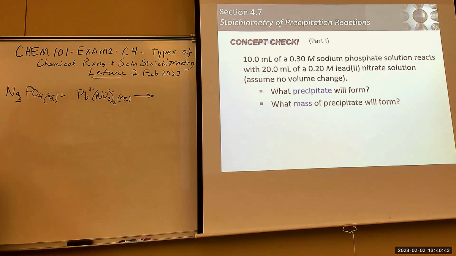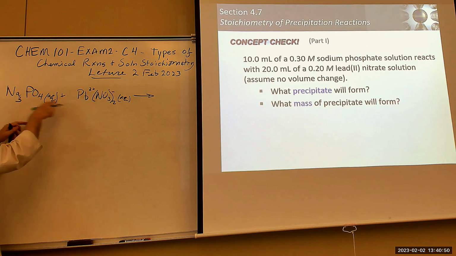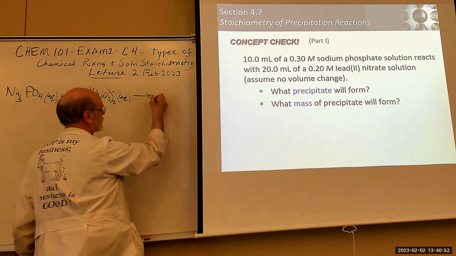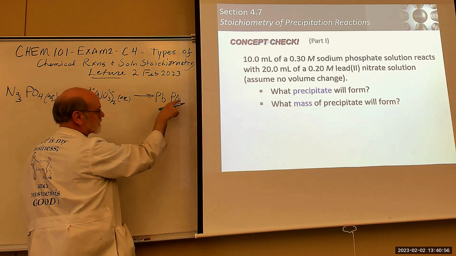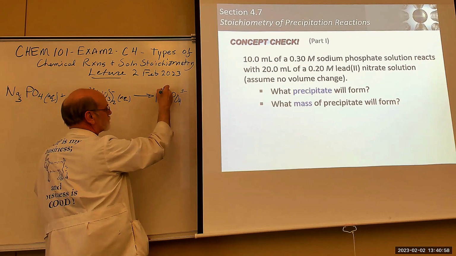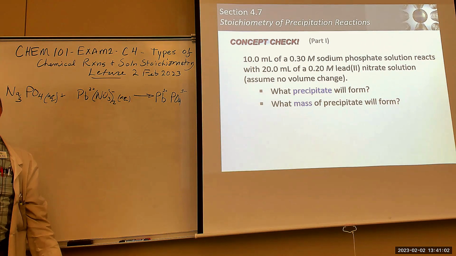We're going to balance the equation first. This one replaces that one, and that one comes over here. So now we have lead 2 phosphate. This is a 3- charge, and that's a 2+ charge. So how do you balance that? How do you write that one correctly?